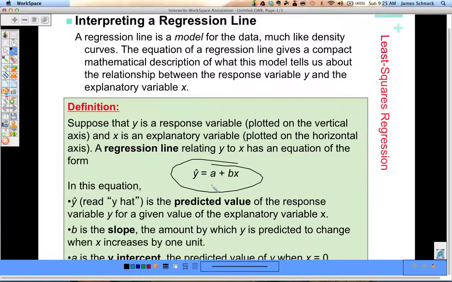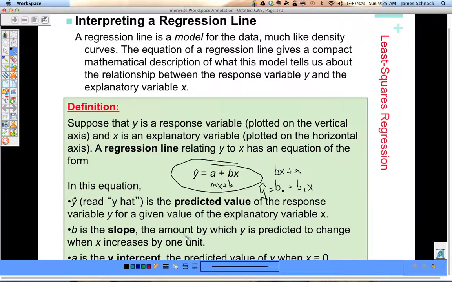Or you might see it y hat equals mx plus b. You've seen bx plus a. I think your calculator gives that as a way of writing it. You might see in your formula book b sub 0 plus b sub 1 times x. It doesn't matter what notation is being used for our slope-intercept form. The number attached to the x is our slope.